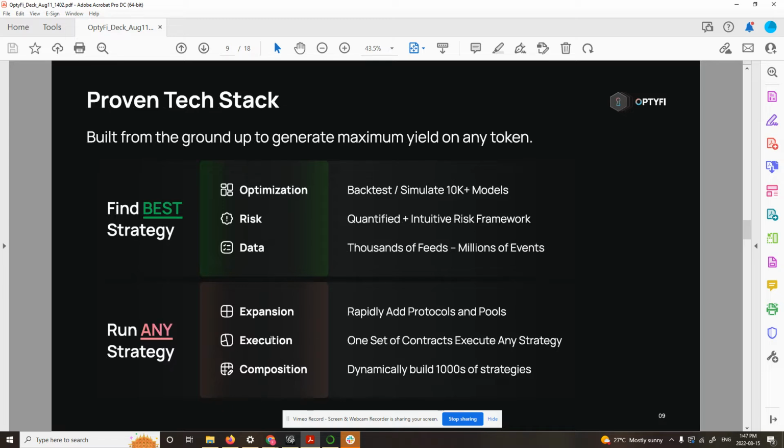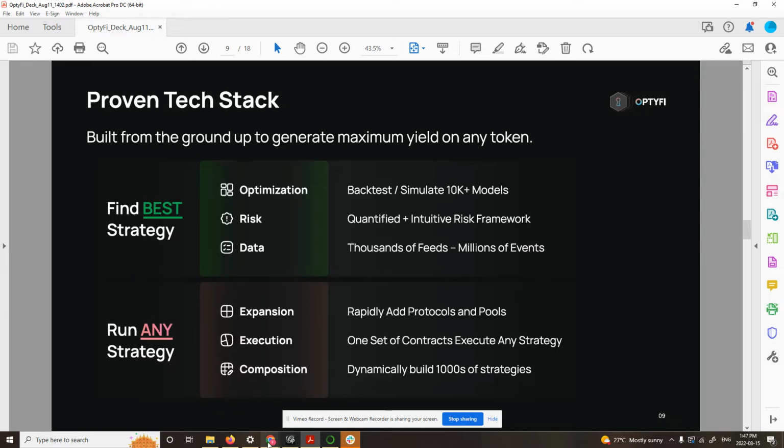Execution: how can one set of smart contracts run any of these many strategies all on chain, and how does this relate to risk enforcement? And thirdly, how can we continually expand this to other protocols, other pools, chains, etc.? That's a roadmap for this video. So let's talk about strategy composition.